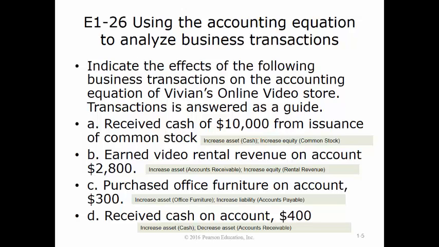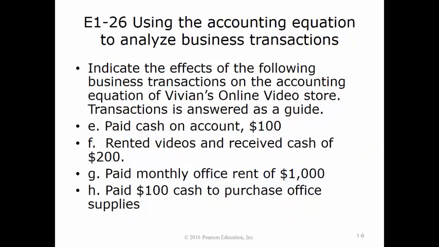Notice the words on account. Since we are receiving cash, the correct account would be accounts receivable. Notice that this transaction occurs all on the left side of the accounting equation, but the equation is still in balance because we increased and decreased assets by the same amount.